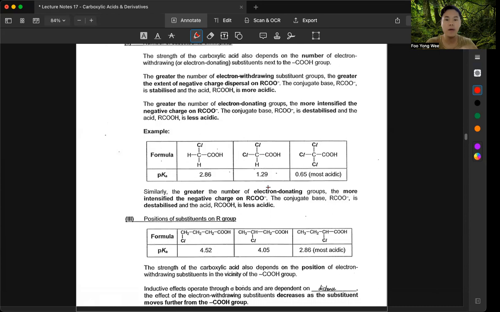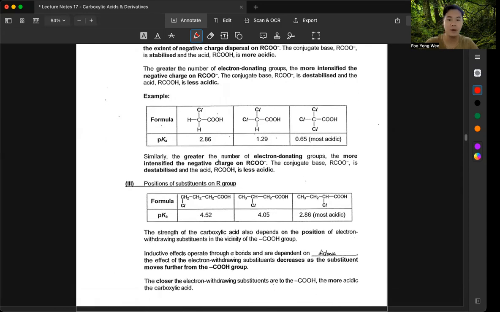If you have more electron donating groups, you will intensify the negative charge to a greater extent, and the conjugate base will be destabilized, making it less acidic. So these are some of the data to make reference to: with only one Cl here, your pKa is 2.86, but when you have an extra Cl, the pKa drops, meaning more and more acidic. And with one more Cl here, even more acidic.